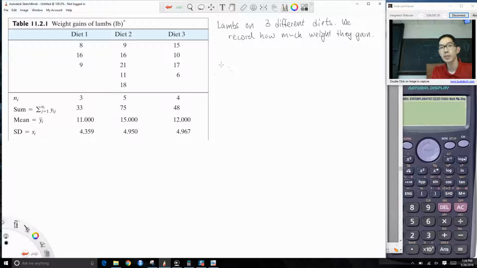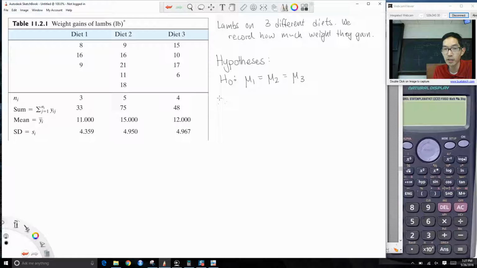And so when we write our hypotheses, there's a couple ways we could do this. Okay, so our null hypothesis can be written this way. We could say mu1 is equal to mu2 equal to mu3, saying that all of the means are the same.